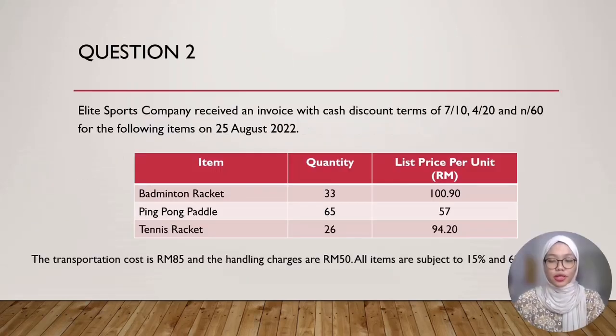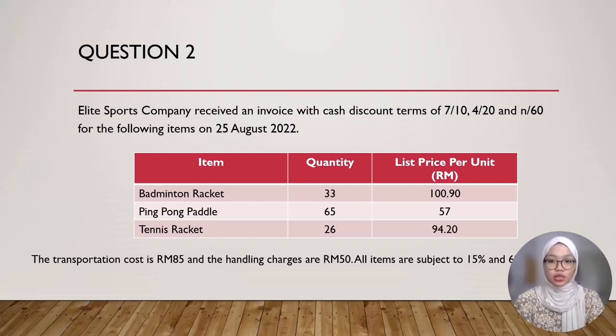Assalamualaikum, my name is Norfatihah binti Openg and I'm going to explain my part, that is question 2. Elite Sports Company received an invoice with cash discount terms of 7 per 10, 4 per 20 and N per 60 for the following items on 25th August 2022. The first item is badminton racket with 33 quantity and the list price per unit is RM 190 cents.